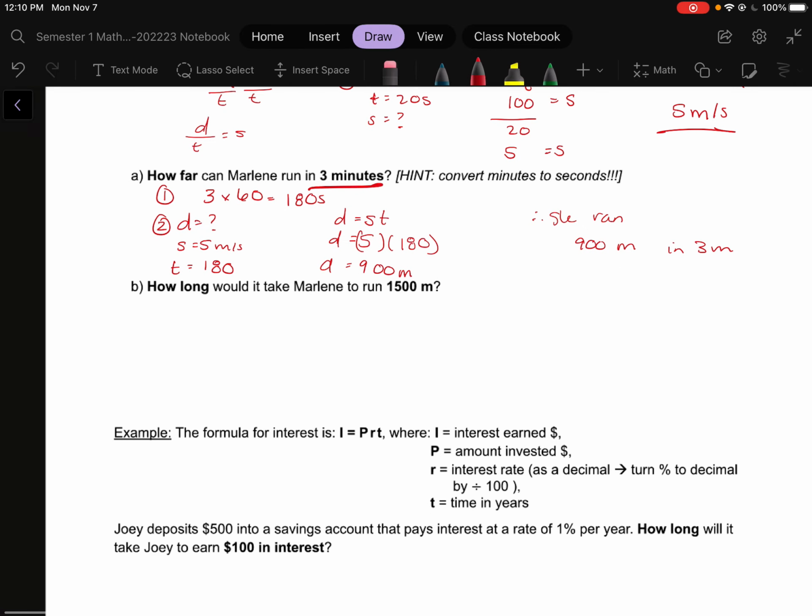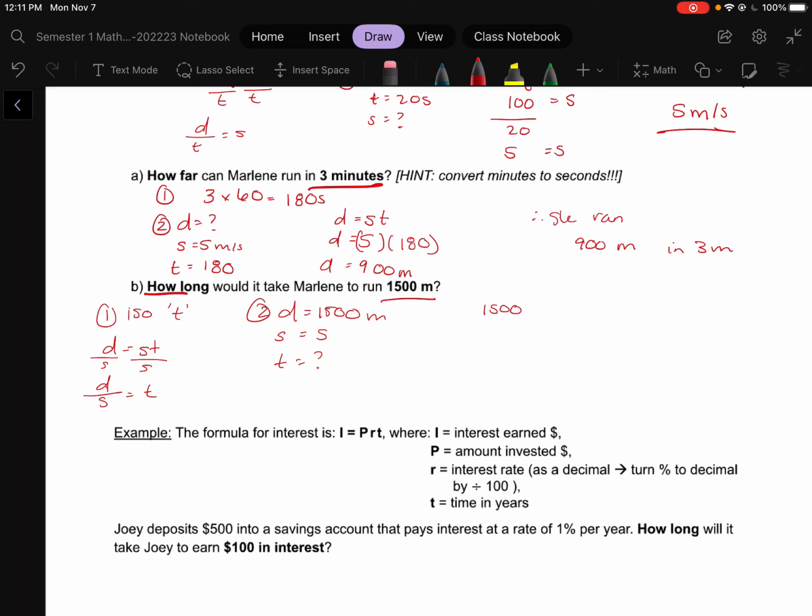Now it says, how long would it take for Marlene to run 1,500 meters? So how long is time? We need to isolate our T. So in our formula, D divided by S is going to be equal to time. We know distance is 1,500 meters, we know our speed is 5, time unknown.